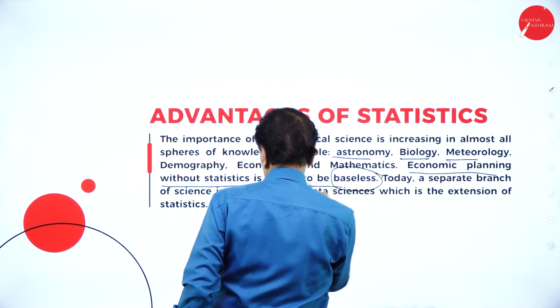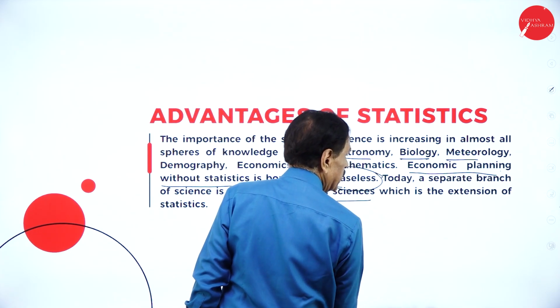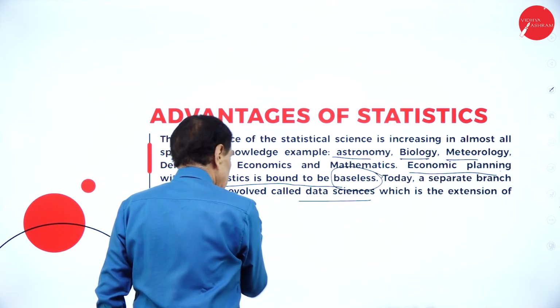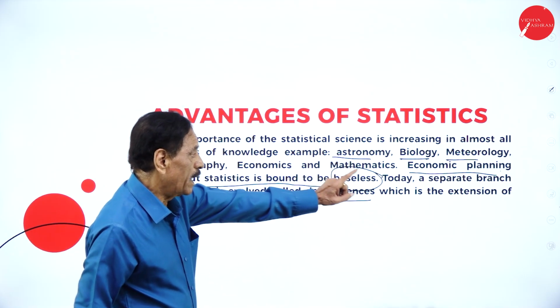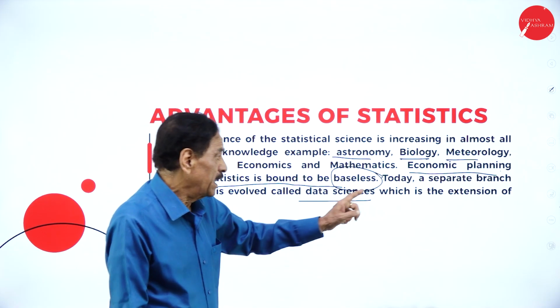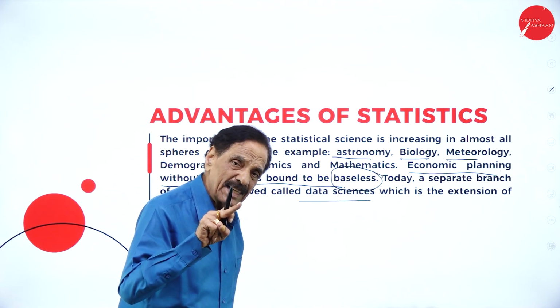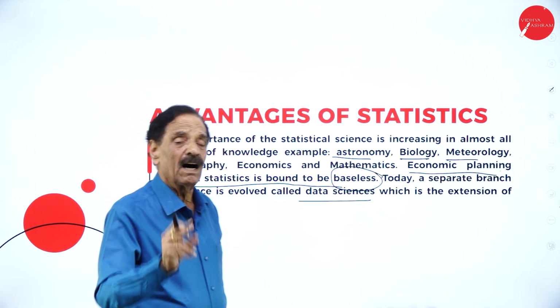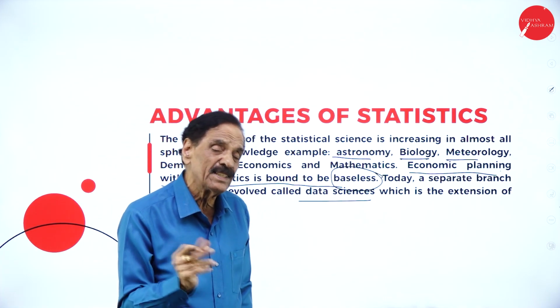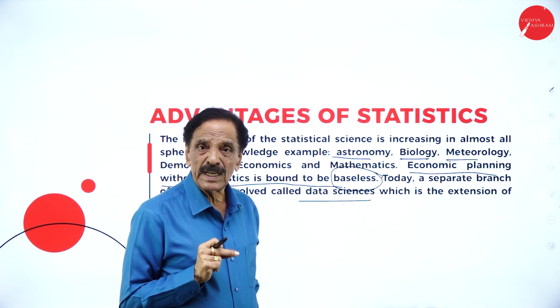A separate branch of science called data science is the extension of statistics. This is important. Economic planning is based on the data given by statistics. The statistical data should be perfect and analyzed in the proper way so that the economic planning is successful.